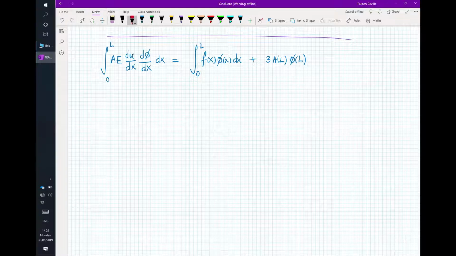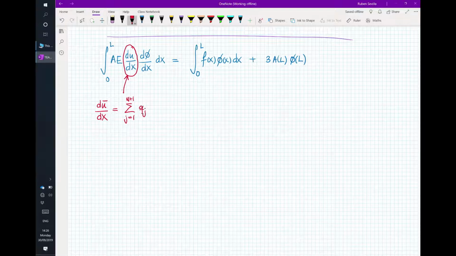So here I'm going to introduce the approximation, this one, which is a summation of coefficients, we call them Q, and derivatives of the shape functions.